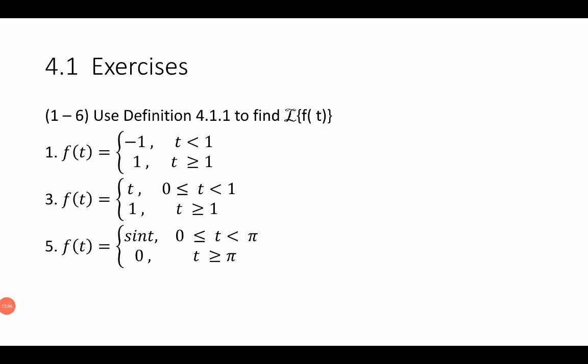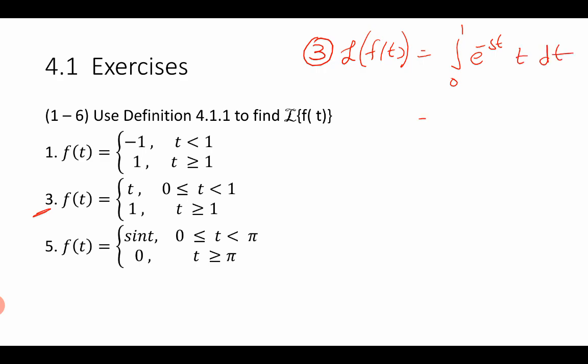So the Laplace transform of the function f of t is equal to, first, integral 0 to 1, the kernel e raised to minus st, function is t dt. The second part is integral 1 to positive infinity e raised to minus st times 1 dt.